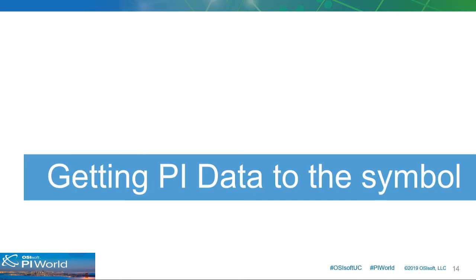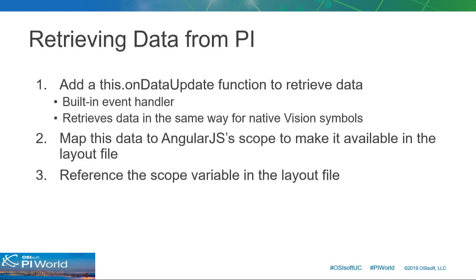OK. So let's work on getting PyData into the symbol. For this, we're going to take advantage of some built-in PyVision native functions. That boilerplate code allows us to access some of the native PyVision symbol-like functions, one of them being onDataUpdate. This is a built-in event handler for PyVision symbols.